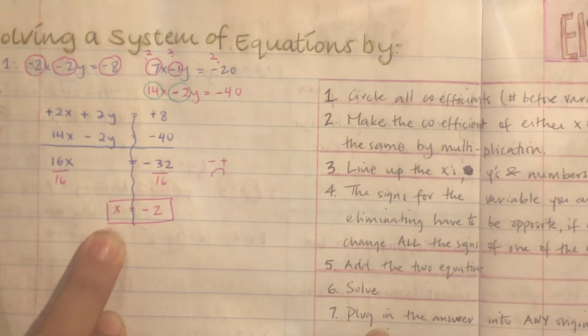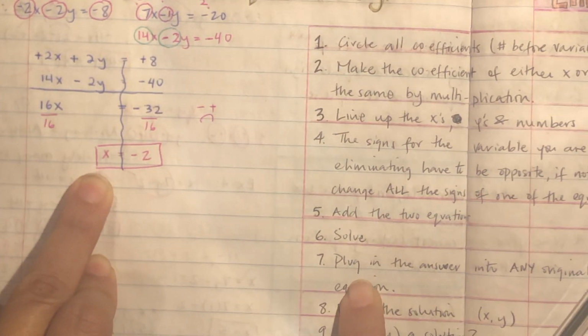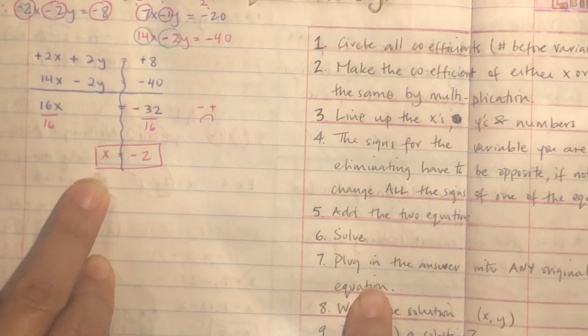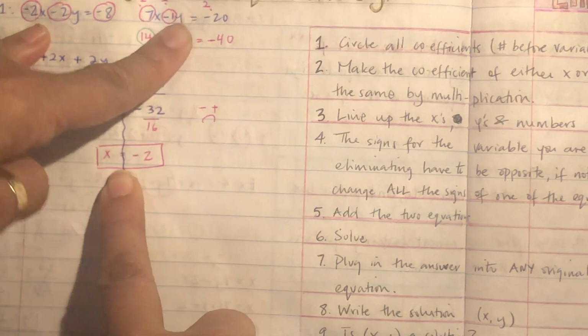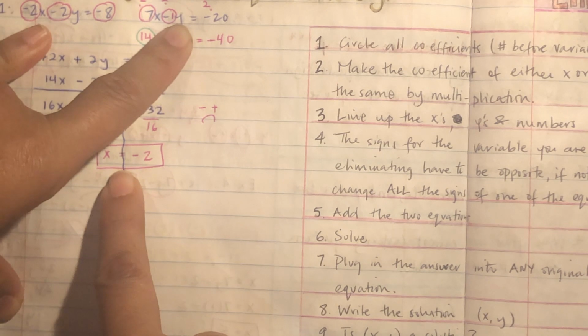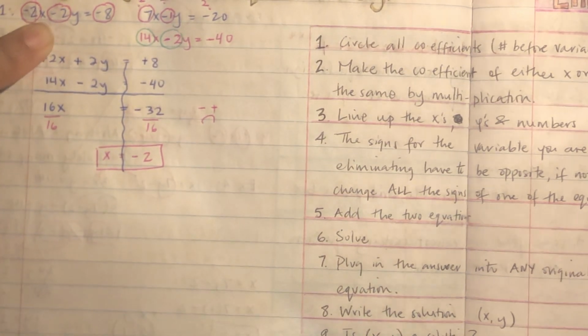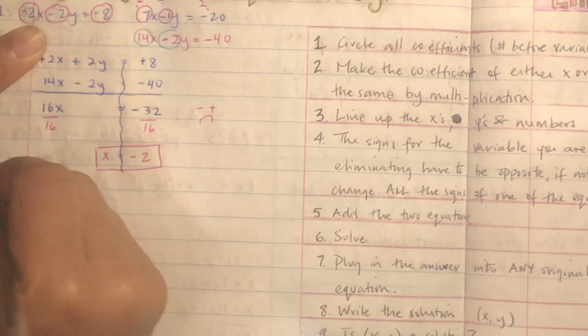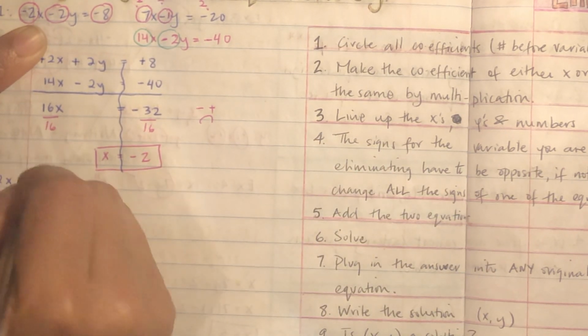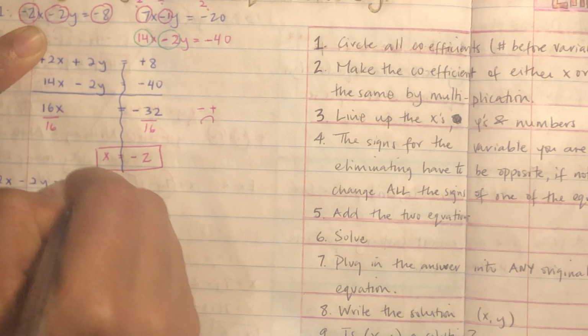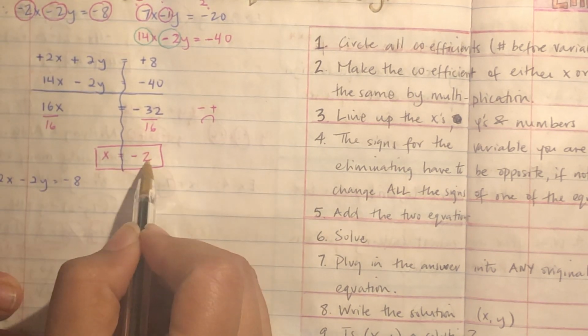Alright, then you're going to plug in the answer into any original equation. You're going to plug this into any one of these two, whichever one looks easier. Okay, I'm going to plug it into the first one just because the numbers are smaller. Alright, so -2x minus 2y equals -8. And where I see x, I'm going to plug in -2.